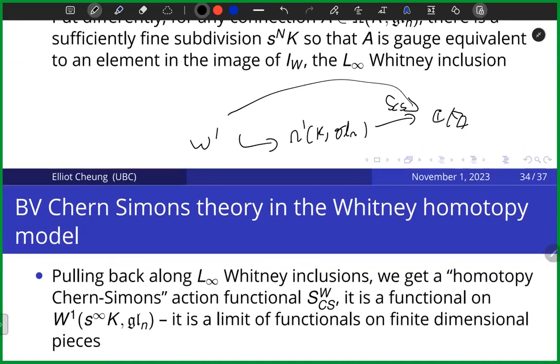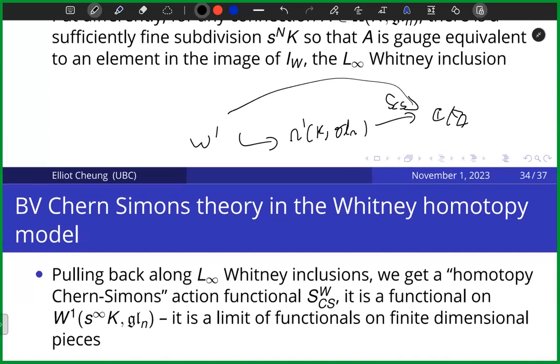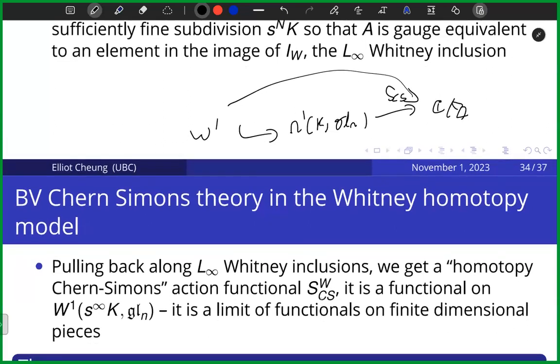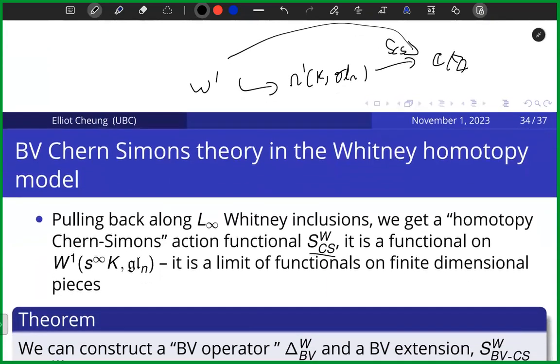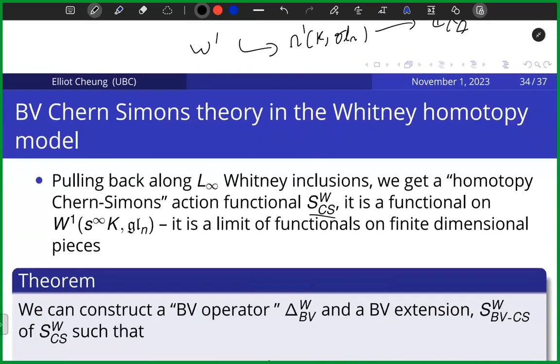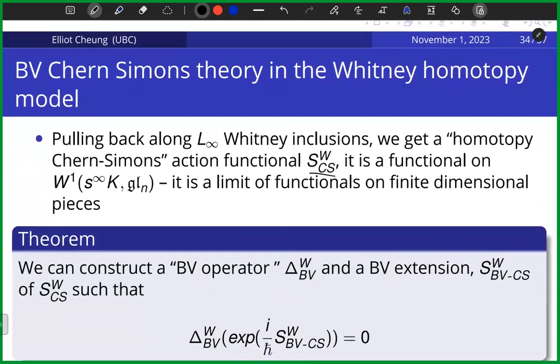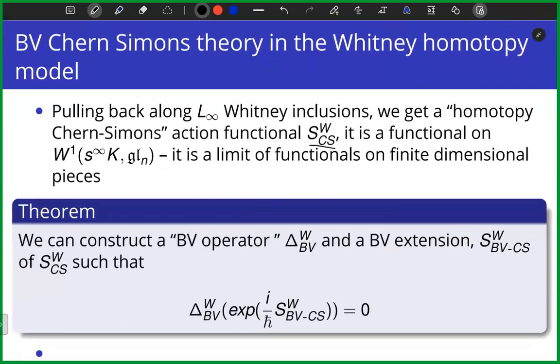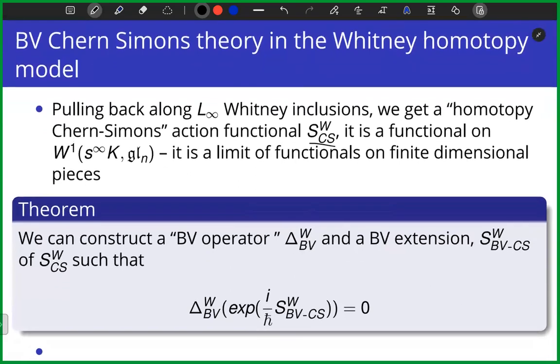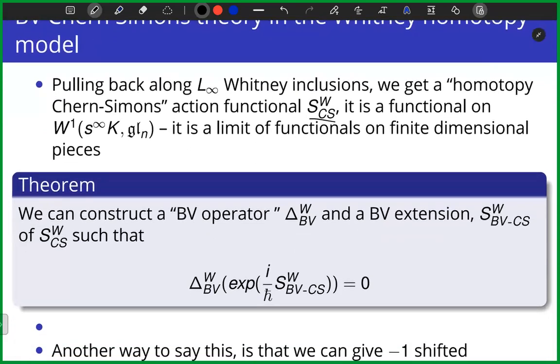You can do that at every refinement and piece them together and get this homotopy Chern-Simons functional in the limit. So now we can construct this BV operator and this BV extension of the action so that the quantum master equation is satisfied. That's one of the big theorems that we can prove.